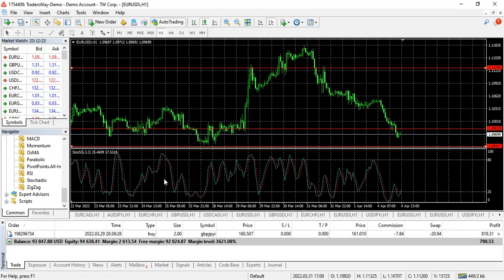But what matters most is where you want to set your stop loss, the amount you want to risk for that particular trade.